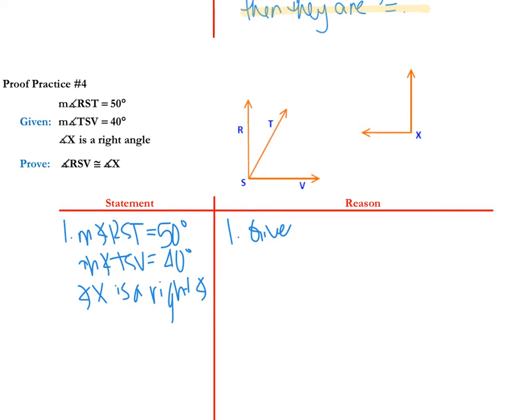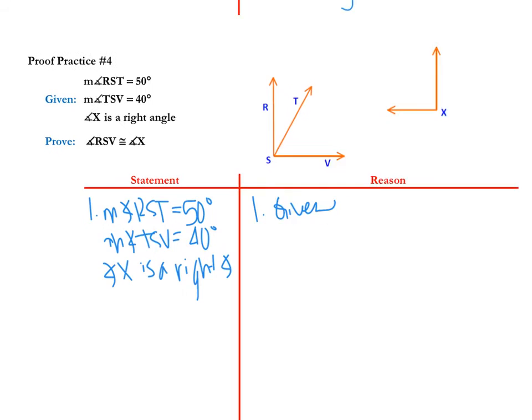All of that was given. So we need to either show that angle X has the same measure as angle RSV, or show that angle RSV is a right angle. Okay, and that's the route we're going to take.